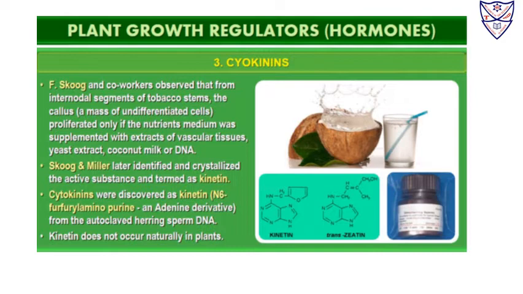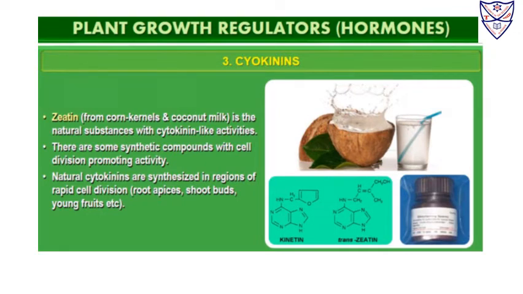So cytokinins were discovered as kinetin from the autoclaved herring sperm DNA. Kinetin does not occur naturally in plants. Zeatin, which we get from coconut milk and corn kernels, is the natural substance with cytokinin-like activities.